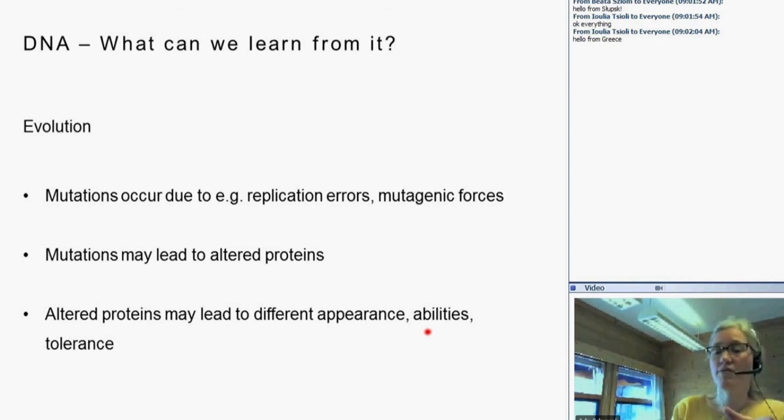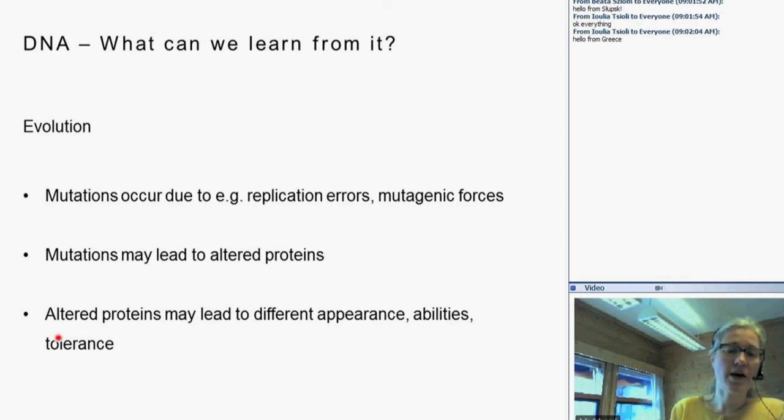They may have different abilities. For example, the muscles built with an altered protein are stronger and can perform better than with the original protein. So suddenly, or not suddenly, but this organism performs slightly better. Maybe it can run faster than individuals with the original protein.